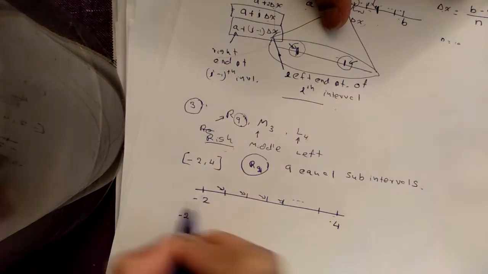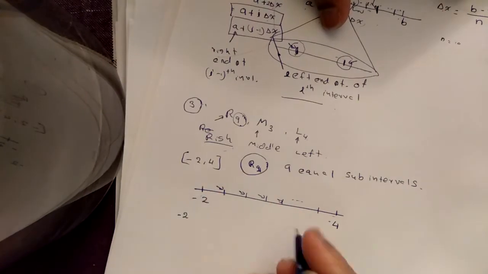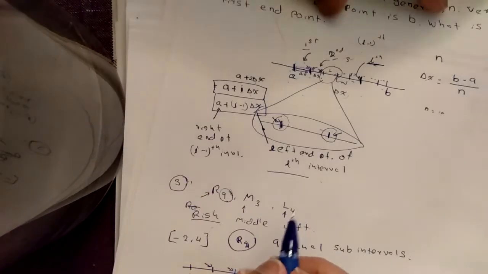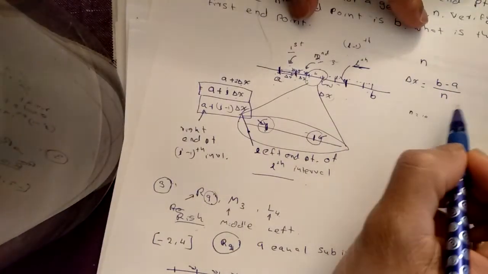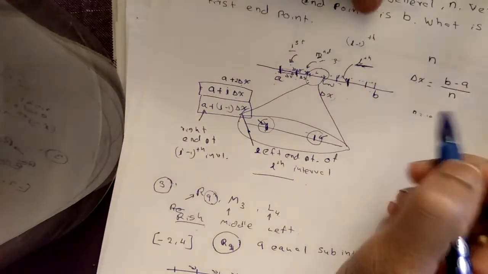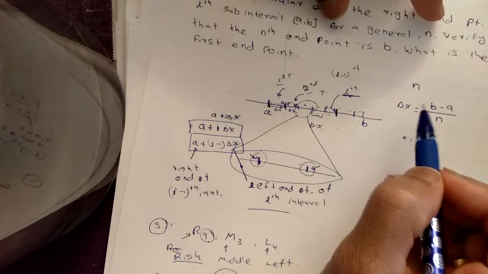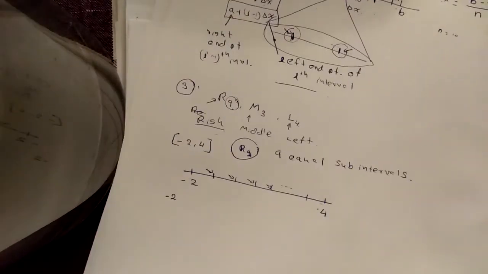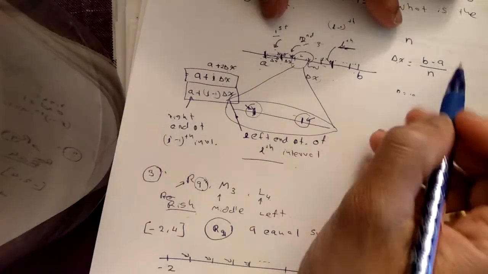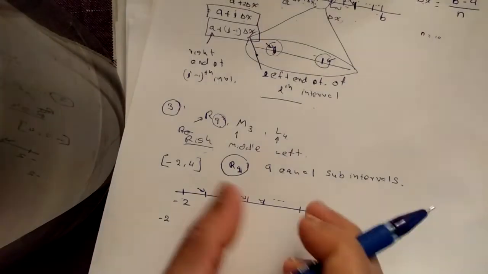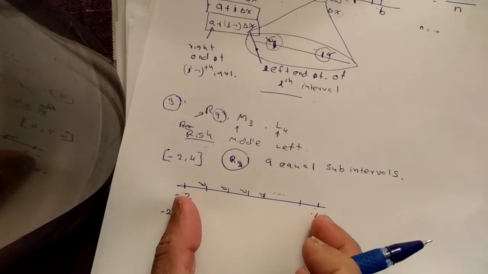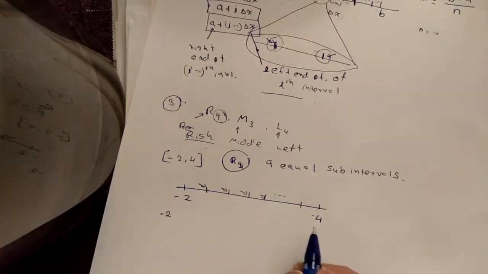So what should be the length of a subinterval? How are we going to calculate it? By using this formula. You don't even have to remember all these formulas by heart; you can come up with those simple formulas at that point itself. We divide this length into 9 equal parts.